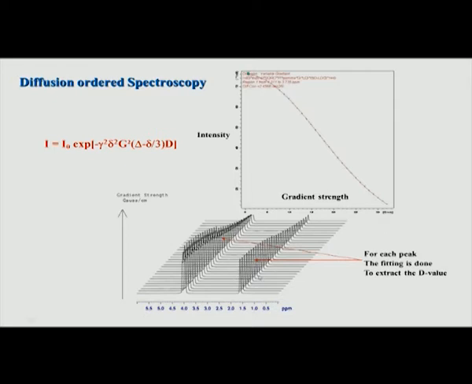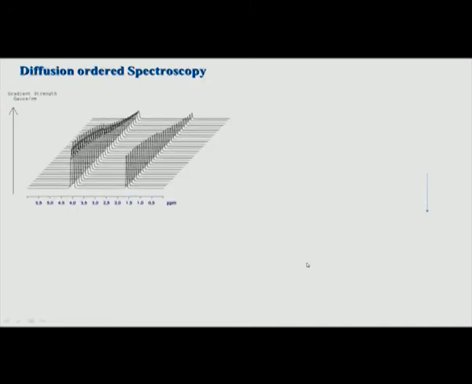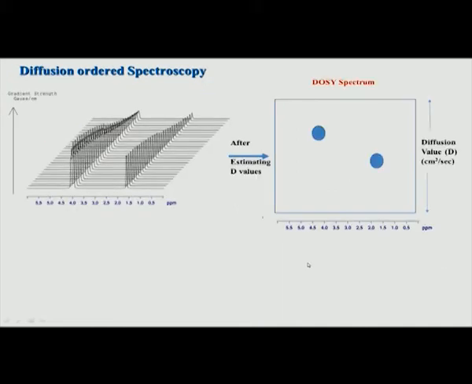Then the peaks corresponding to one molecule will show a different decay profile compared to the peaks belonging to another molecule in the mixture, and this is the strength of DOSY. DOSY helps you differentiate between two peaks in the same spectrum that do not belong to the same molecule. If you recollect, this is what we did using TOCSY, where we identified spin systems, but here the spin systems are different because the molecules are different.